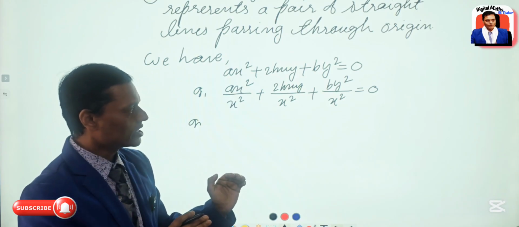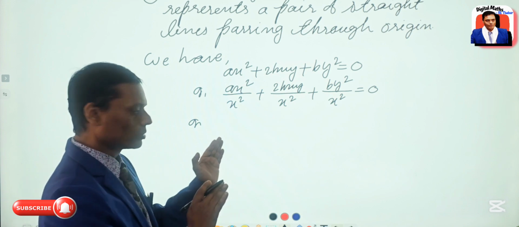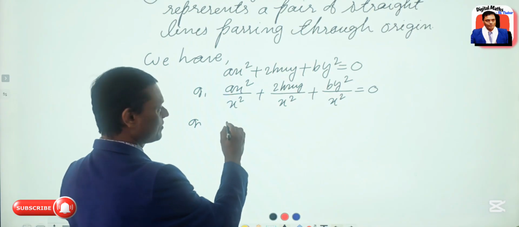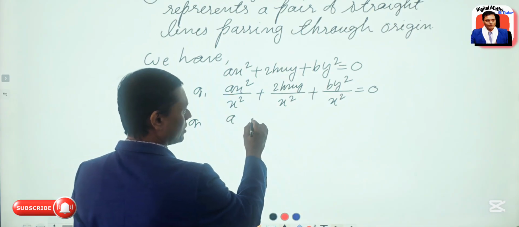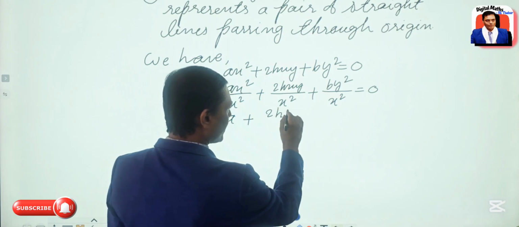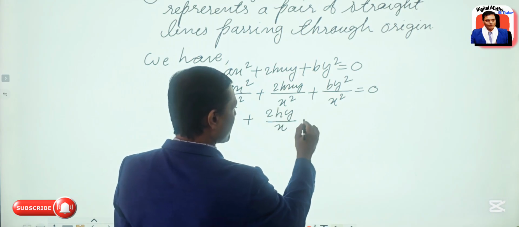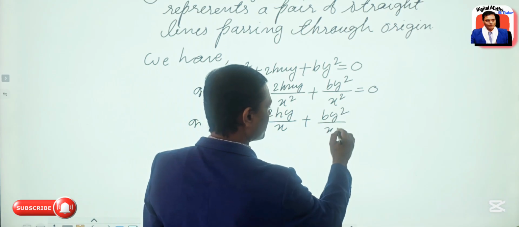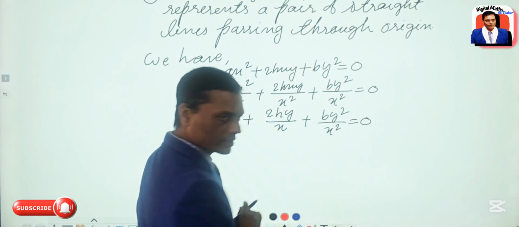Let's simplify it first of all. So we can write here a plus, the x will cancel up and down, so we have here 2hy by x plus by squared by x squared. Of course, you can get.